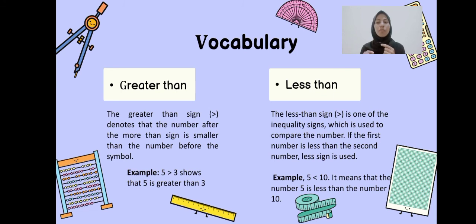For example, 5 is greater than 3, like what is shown in my presentation. Next, less than. The less than sign is one of the inequality signs, which is used to compare numbers. If the first number is less than the second number, the less than sign is used. Example, 5 is less than 10.